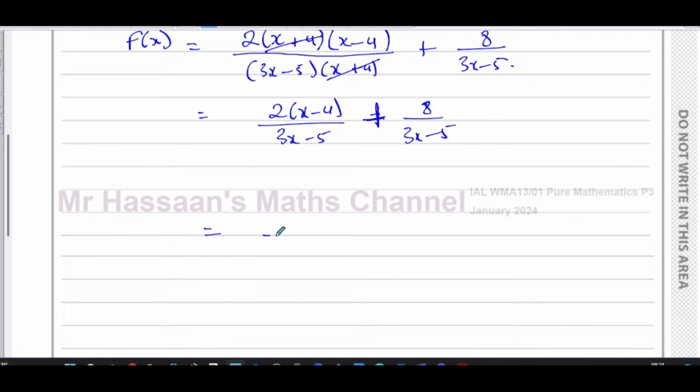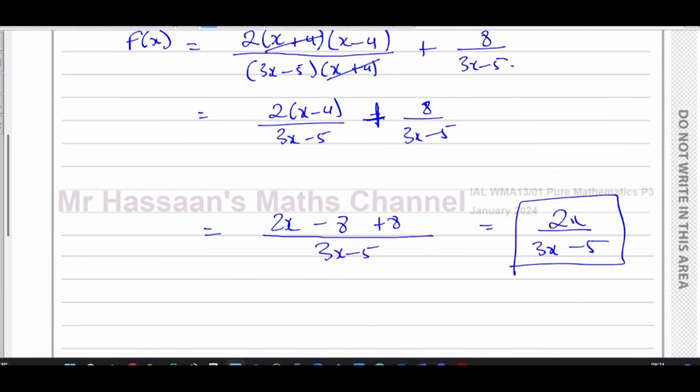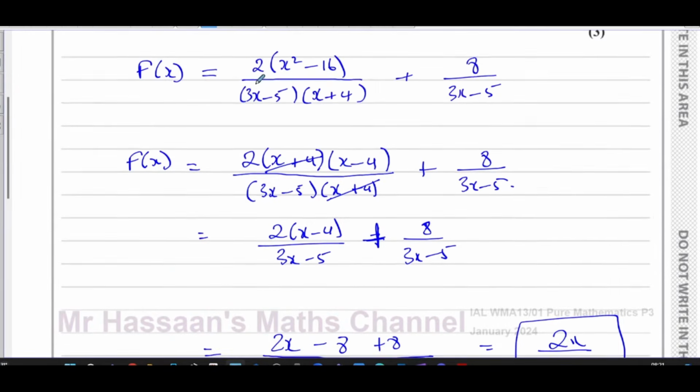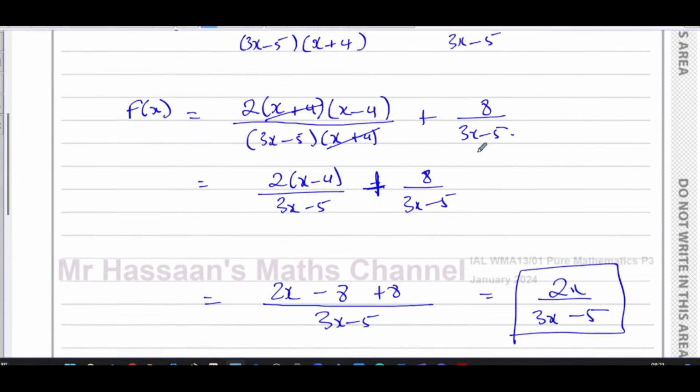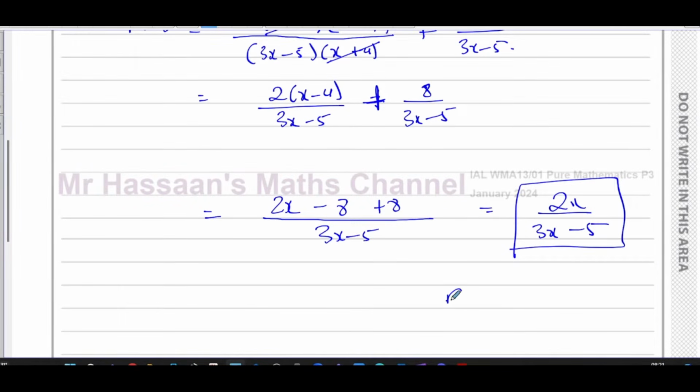So we can write it under that common denominator, 3x minus 5, and just add the numerators. So you're going to have 2x minus 8 plus 8. They cancel out. So you're left with 2x over 3x minus 5. And that's exactly what we had to show. So we can say that f of x is equal to 2x over 3x minus 5.